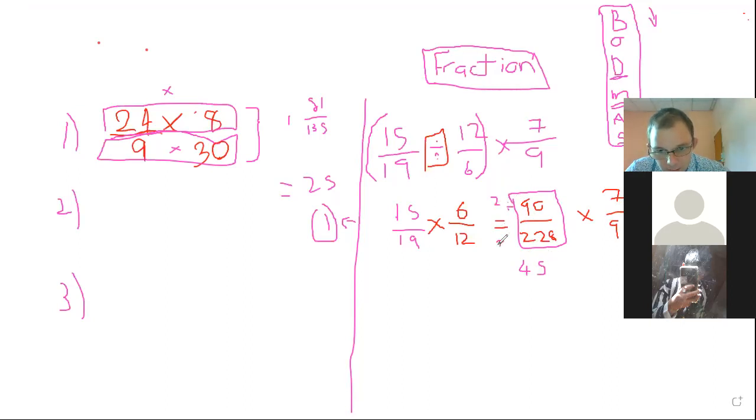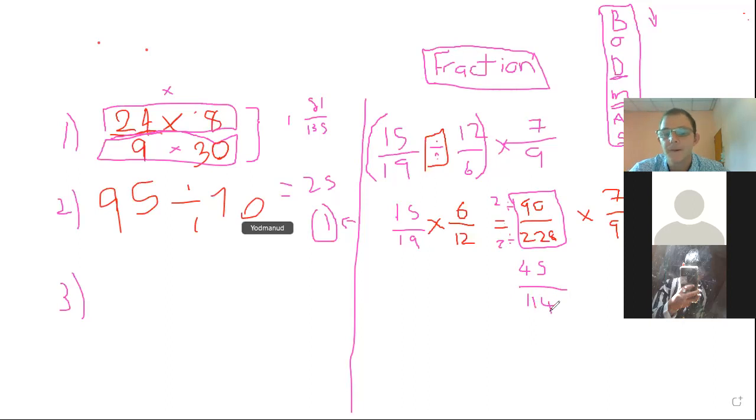Divide 2. Divide 2. We get 45 over 114. Now the numbers are getting smaller. So let's multiply now. What is 45 times 9? Times 7.